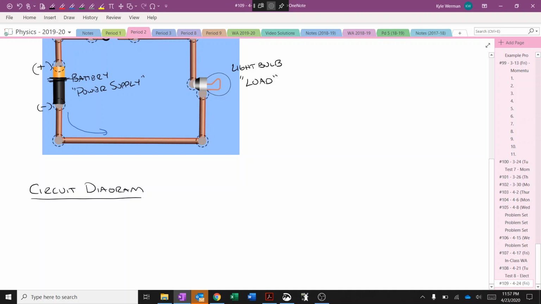Our power supply, or our battery, we typically draw with a long line and a short line. That long line is typically the positive end and the short is the negative. So this is my power supply. This is showing that we have a voltage, a potential difference at that point. And there's a gap there, which means those electrons can't jump across to that long line.